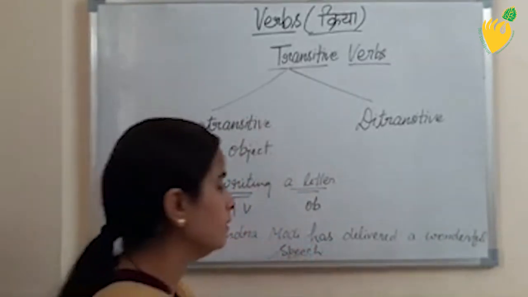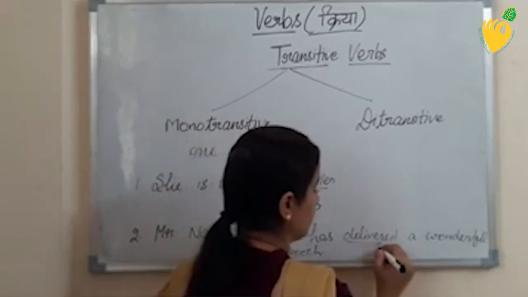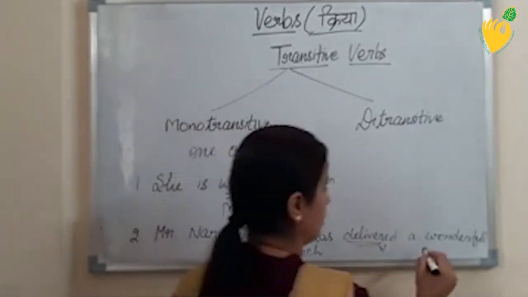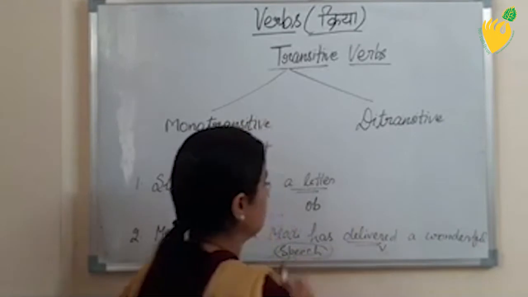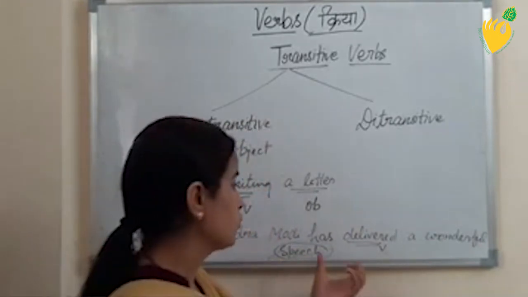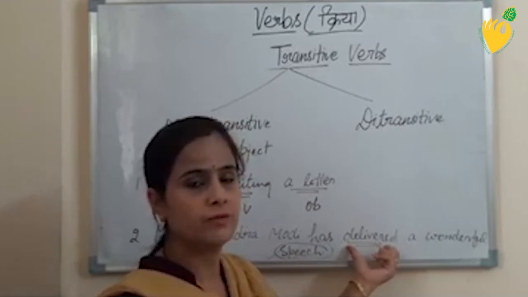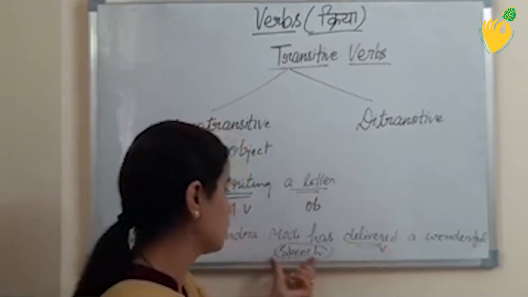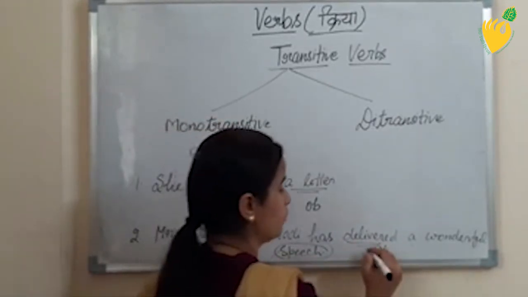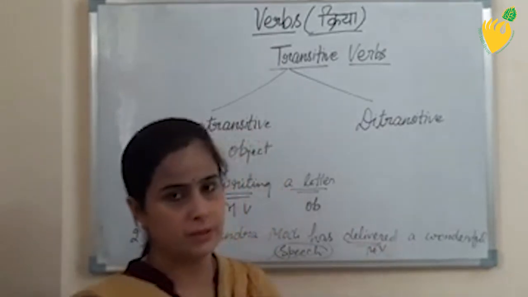In this example, deliver is your verb and speech is your object. So this verb deliver is able to give complete meaning with the help of this one object. So this is also a monotransitive verb.